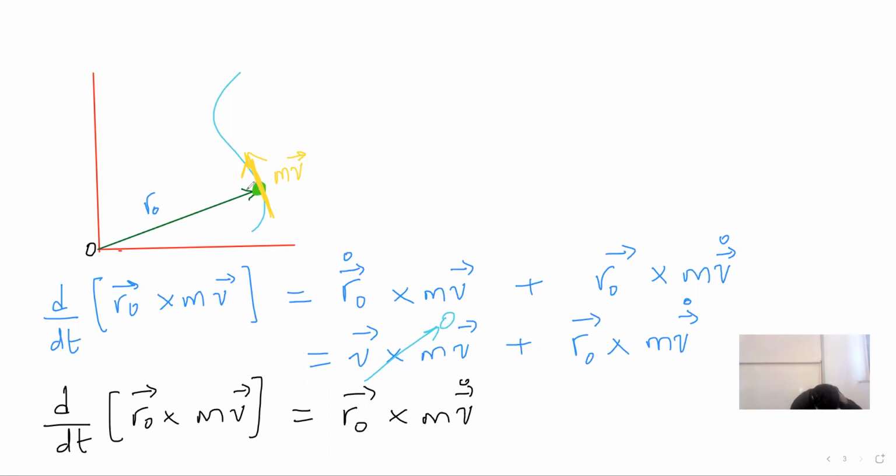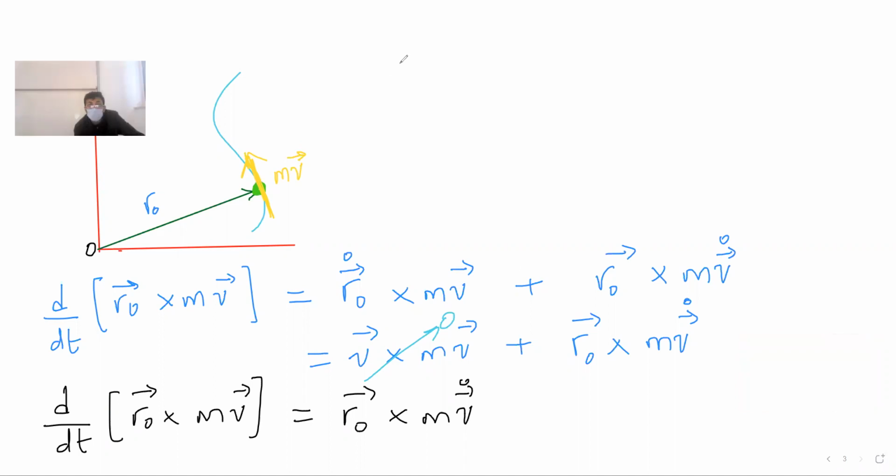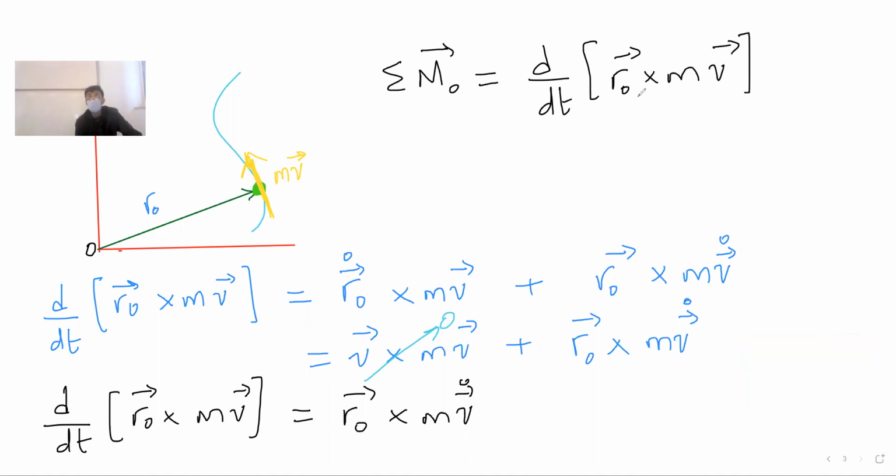So this is what you are trying to find, and I will say that summation of moments about this point is equal to d over dt of R naught cross mv dot. Now I need to explain something. So I removed the dot and I put a d over dt. Now there are many students who are saying, what do you mean by that?